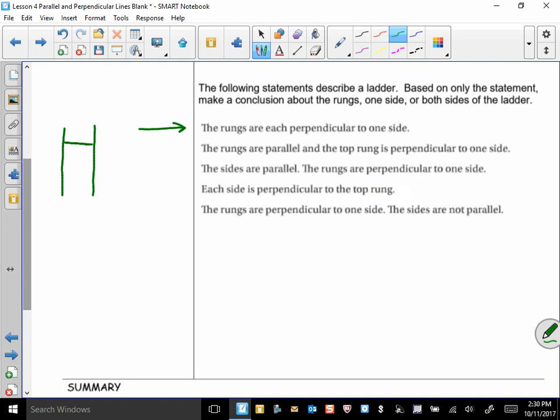So it says the rungs, so there are my rungs, they are each perpendicular to one side. So let's just say they're all perpendicular to that side. So what is that going to tell us? Well, of course it's going to tell us that the rungs are parallel to each other, right?